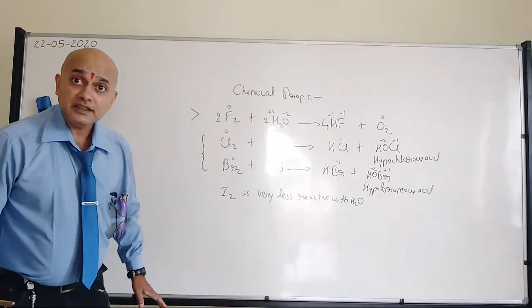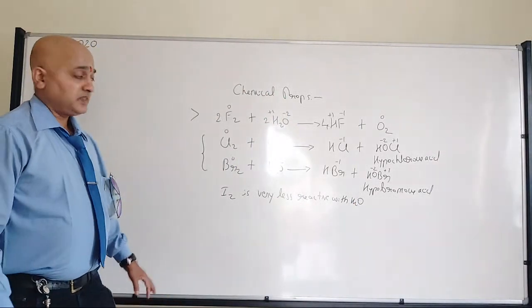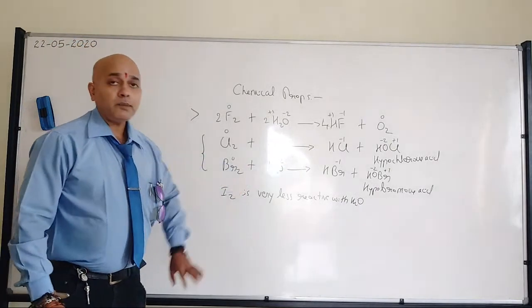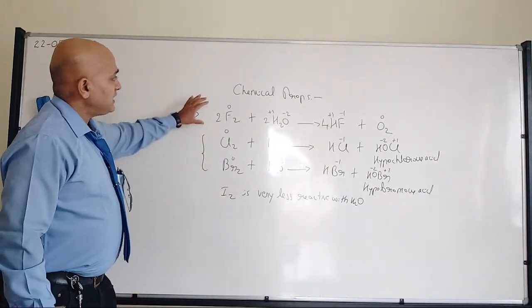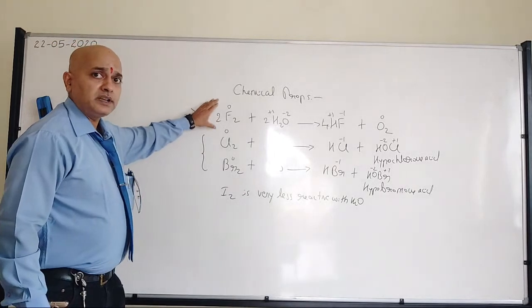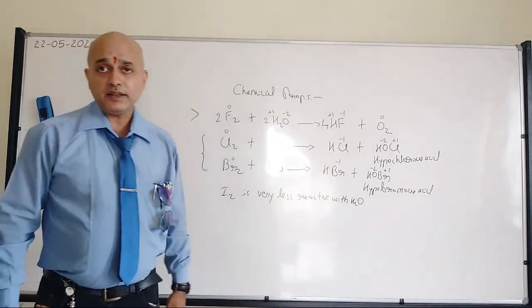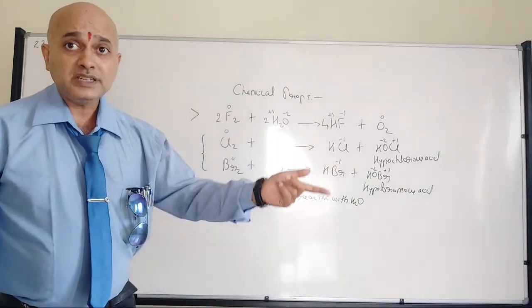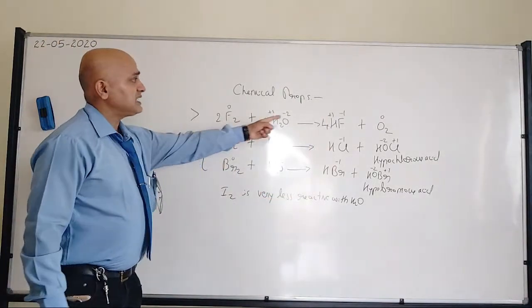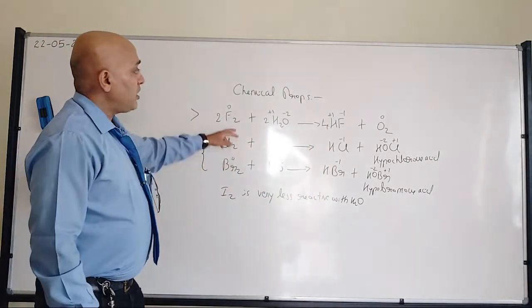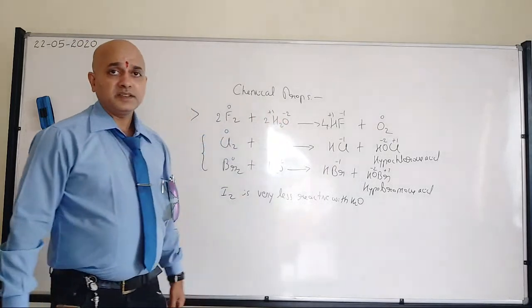But if you make them to react, then the same type of products will be formed. That's where I told another anomalous property of fluorine. Example, you told highly oxidizing agent, right? This is an example for that, where it is oxidizing oxygen, right?